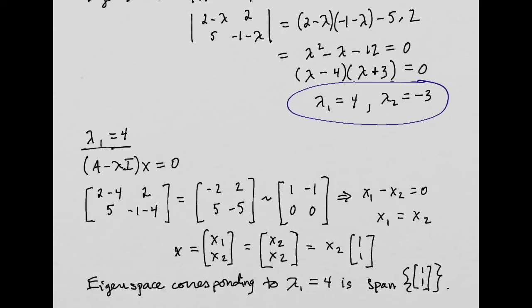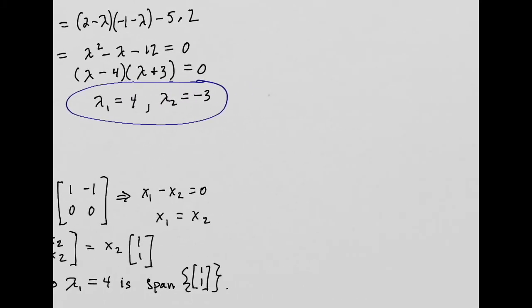And then for lambda 2, we do the same thing. We solve A minus lambda I times x equals 0 by subtracting a negative 3. So we'll add 3 to each of our diagonals.